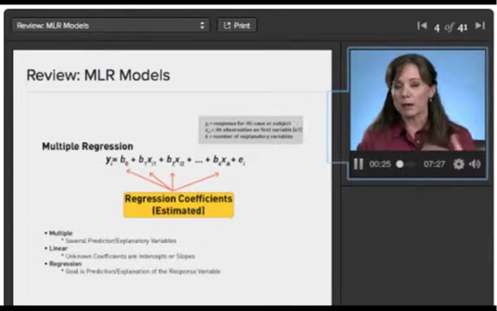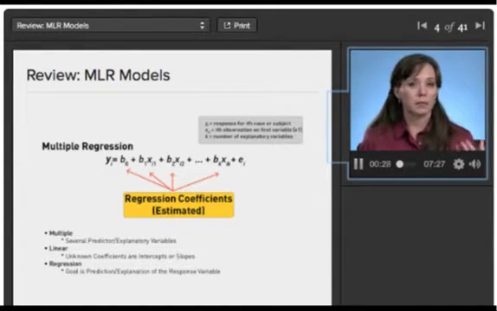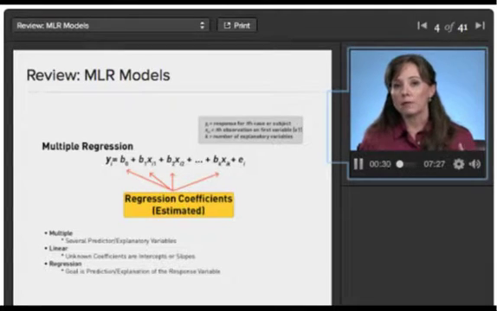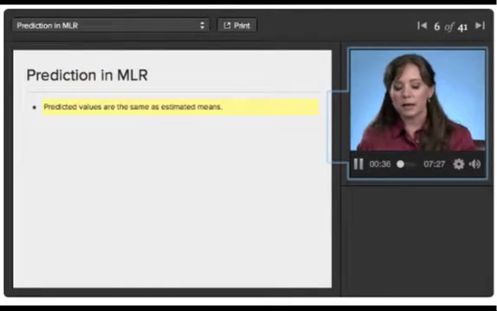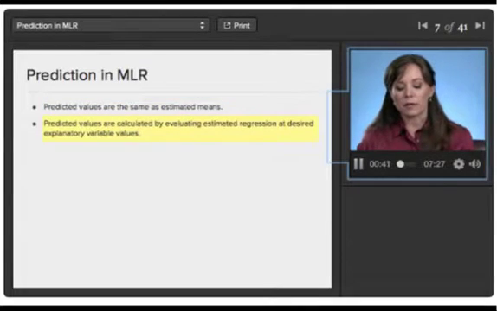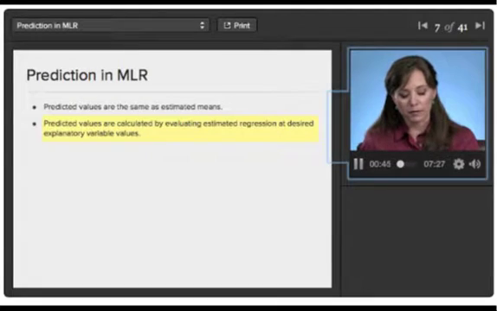Suppose we have our regression model. We have the estimated parameter slopes. We have all of the estimated errors that we need, and we want to make a prediction from that model. Predicted values are the same as estimated means, and we can calculate those by evaluating the estimated regression at the desired explanatory variable values.